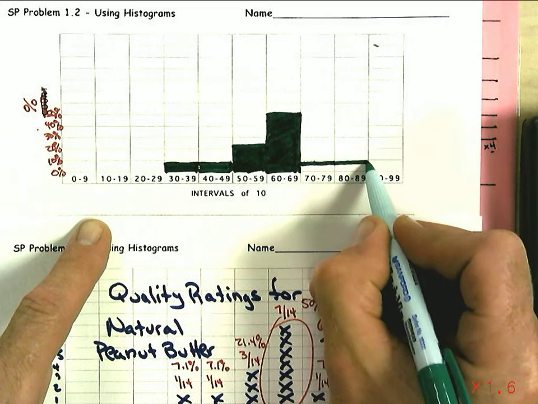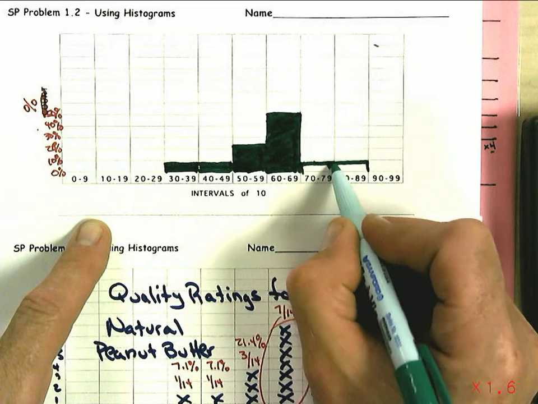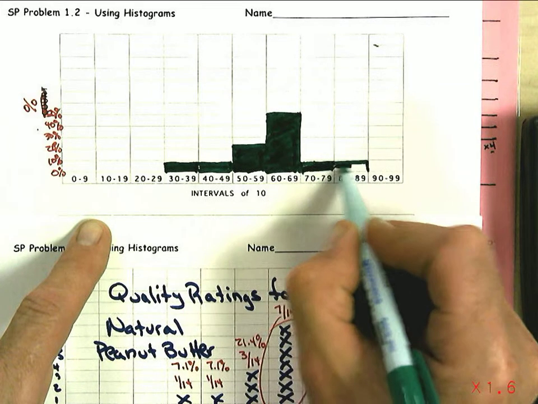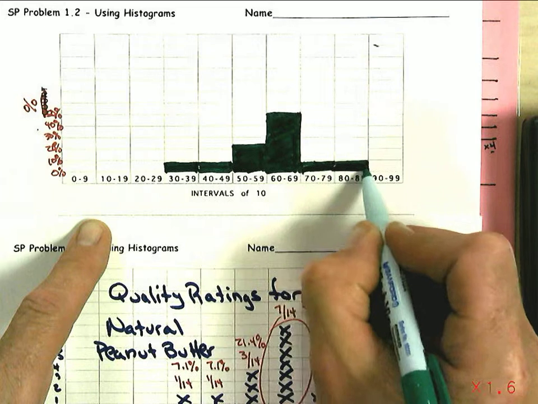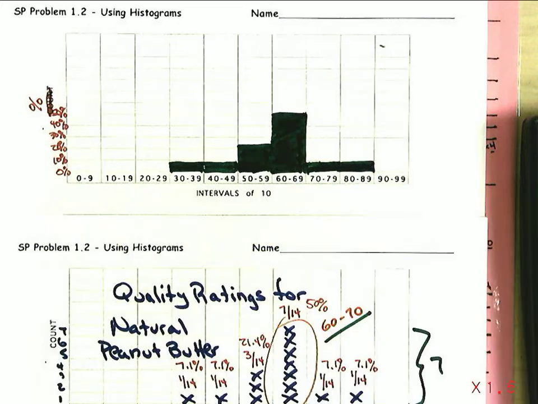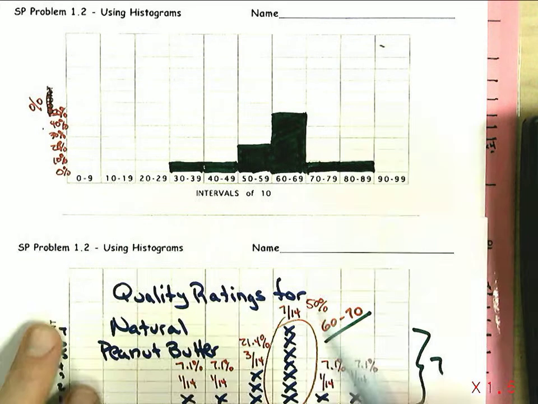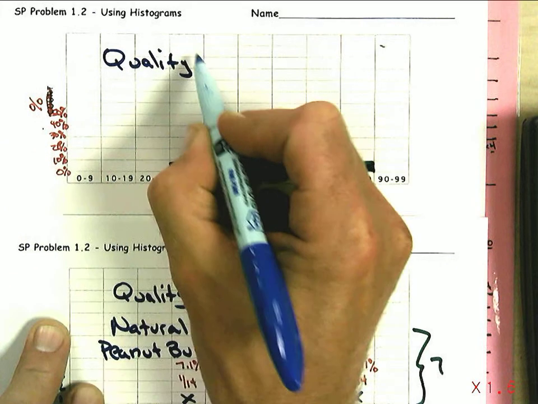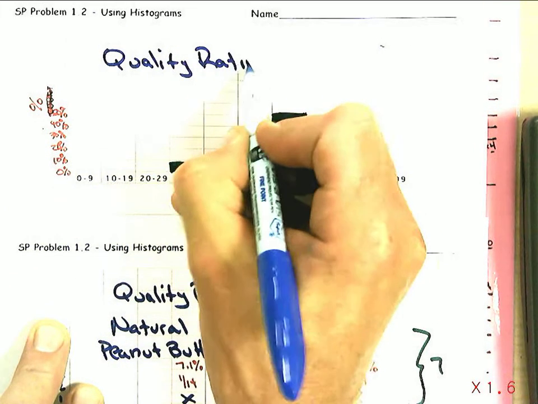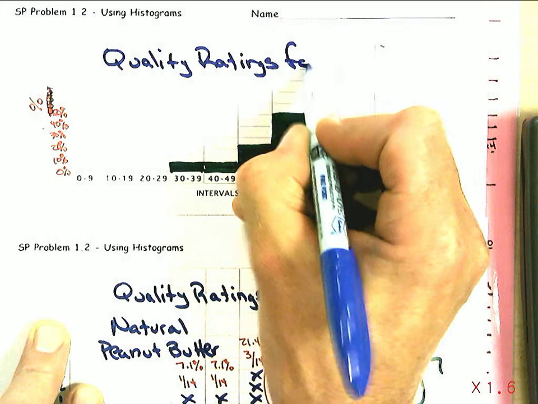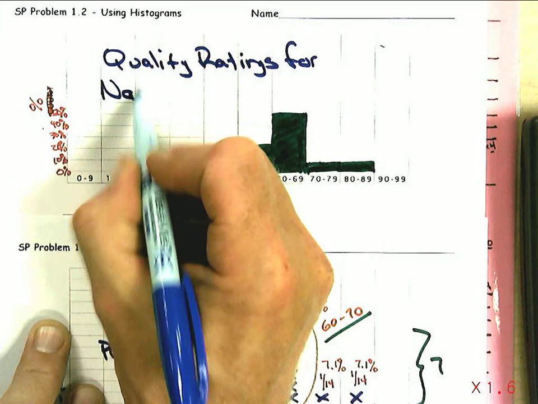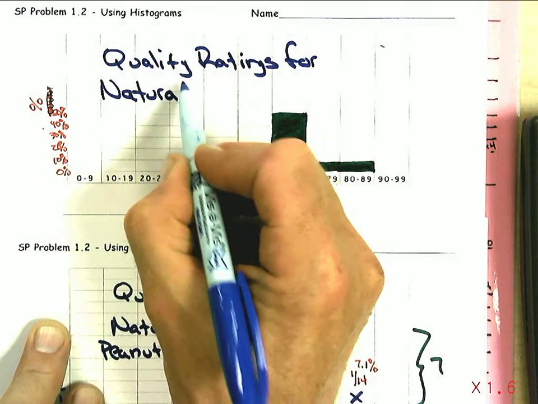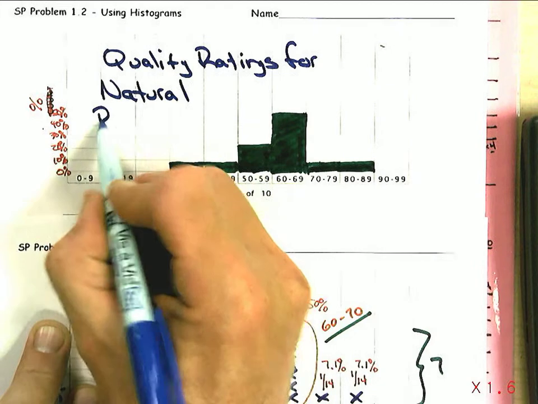So these two have the same, just under 10% on my lines. And so now we have another way to look at the quality ratings. These are the quality ratings for natural peanut butter. And again, now they are as a percent of the data.